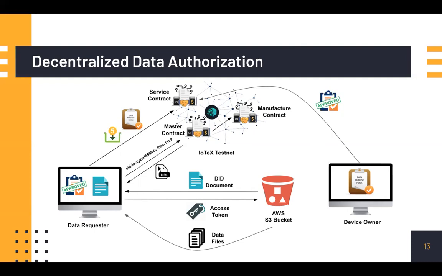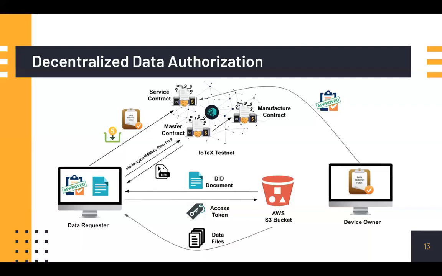Once they capture that there's a request for this service, it's up to the device owner to decide whether to grant or reject the request. Once the service request is approved, the device owner will generate a token for the device requester, which will be used by the requester to access the AWS S3 bucket to retrieve the data file.